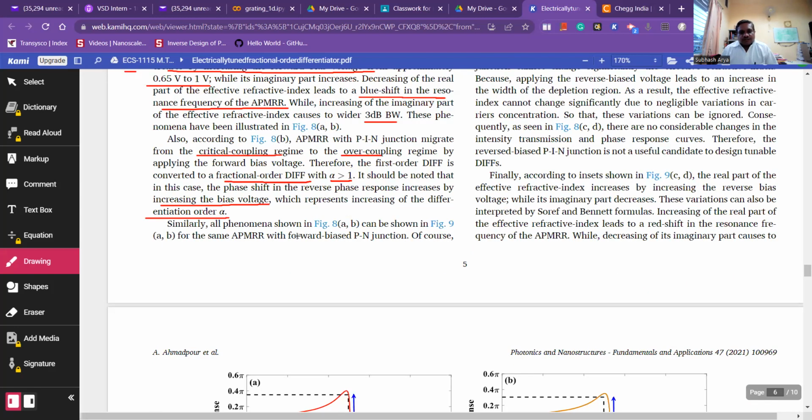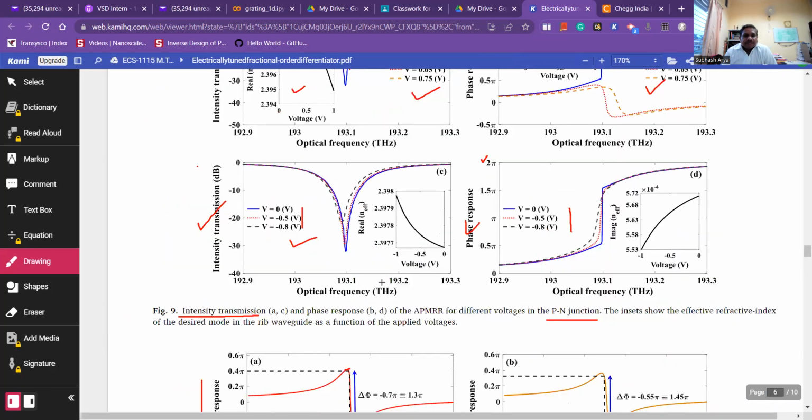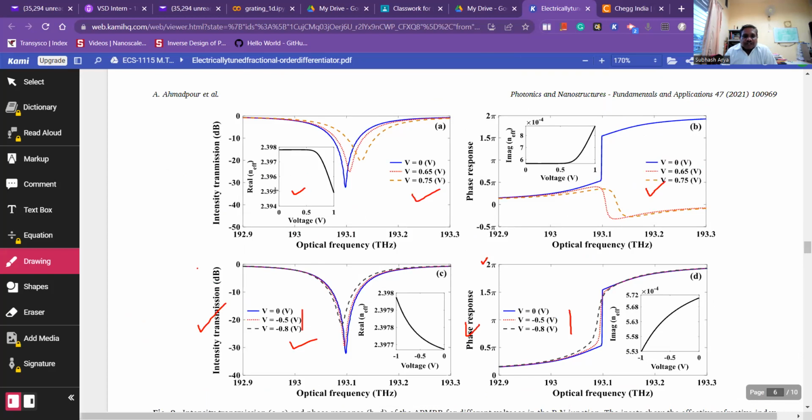Similarly, all phenomena shown in figure 8b can be shown in figure 9 A and B for the same APMRR with forward bias PN junction. This is A and B. Of course, because positive voltage is applied, this is the forward bias case.